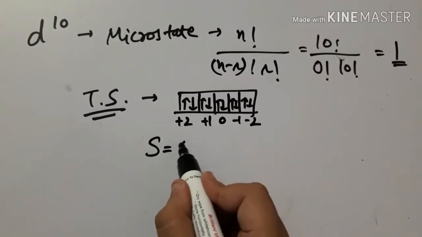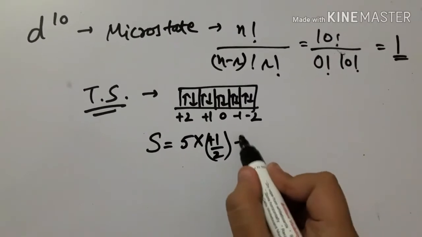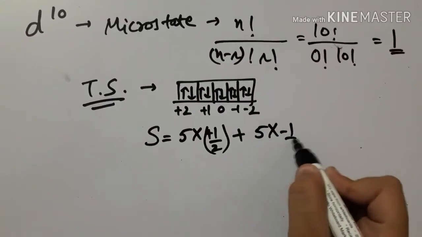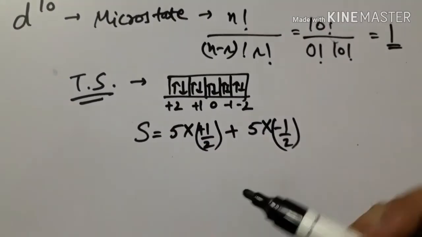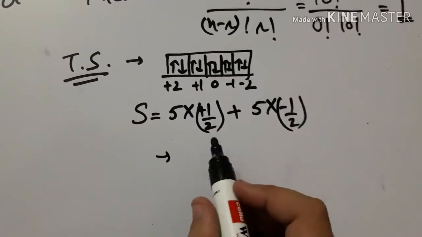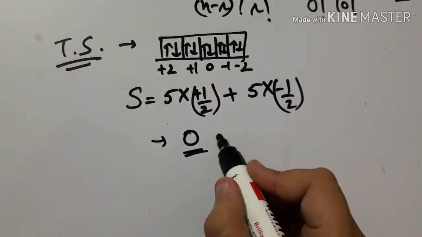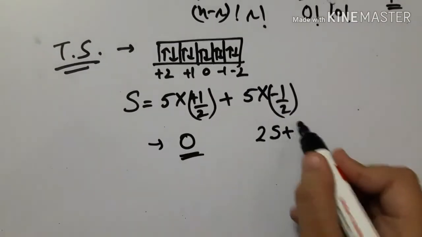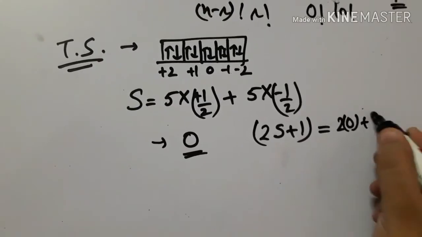S is 5 multiply plus half plus 5 multiply minus half, as half of them are of the upside spin and half are of the downside spin. So we have taken plus half and minus half. So this comes out to be 0. So S is 0. Then 2S plus 1 is equal to 2 into 0 plus 1, that is 1.